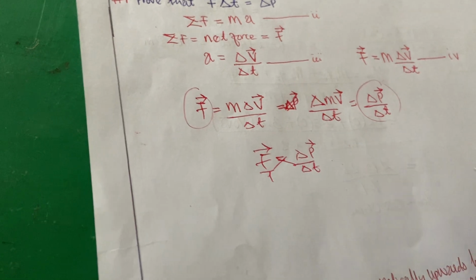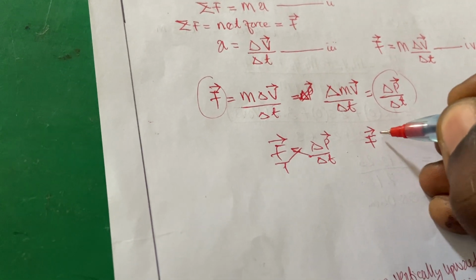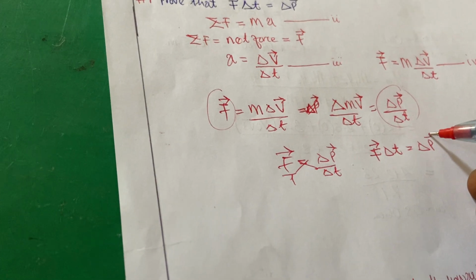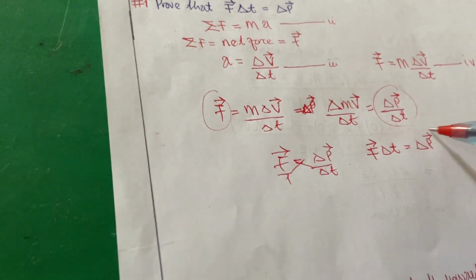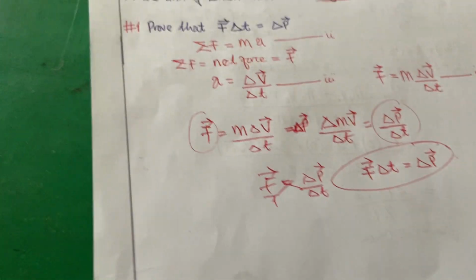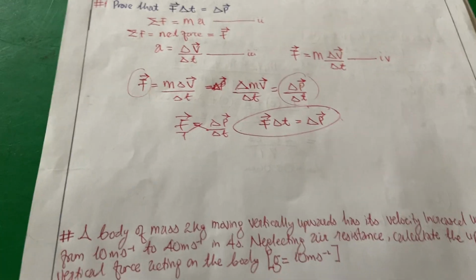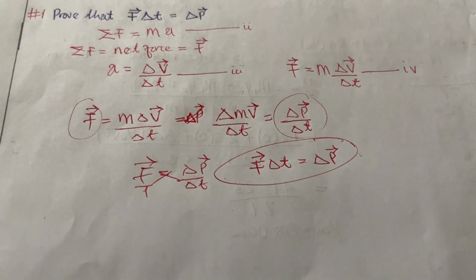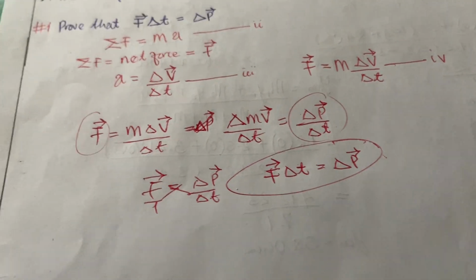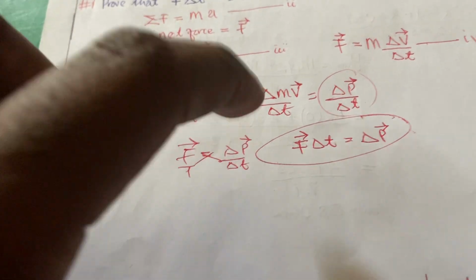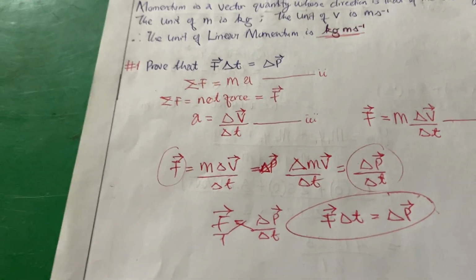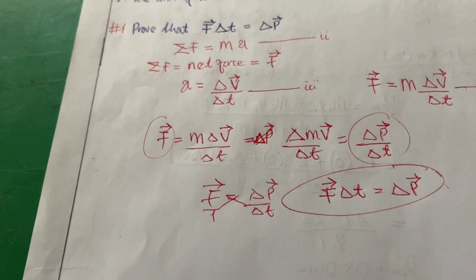If I cross multiply, it means F change in T equals change in P. This proves that the force times the change in time equals the change in linear momentum. And we're going to discuss in more detail the left hand side, because this expression here is what we call impulse.